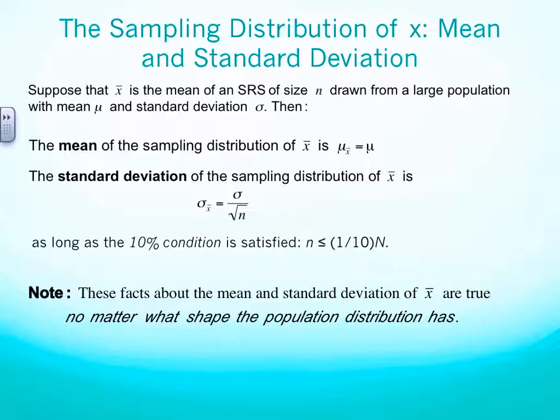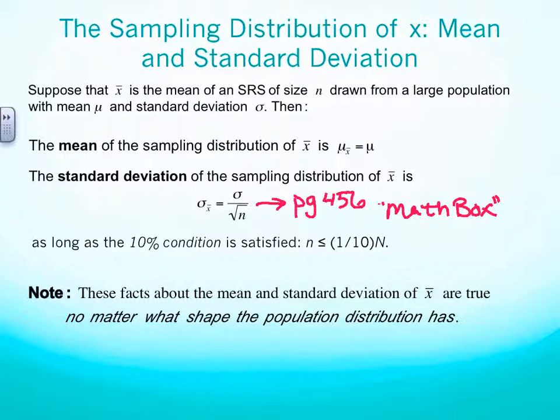Then the mean of the sampling distribution is just going to be your mu. And the standard deviation of the sampling distribution of X bar is going to be as follows. This will be better explained in your textbook on page 456 in the math box, if you want to know where that comes from.